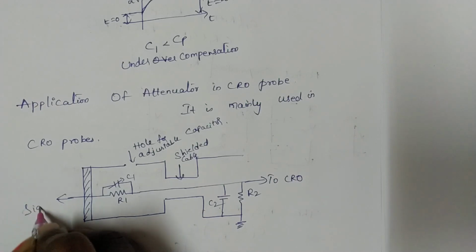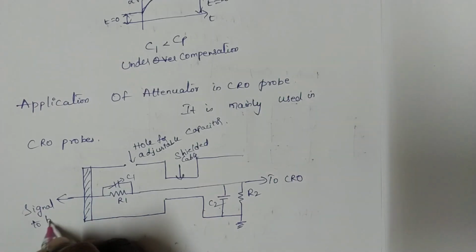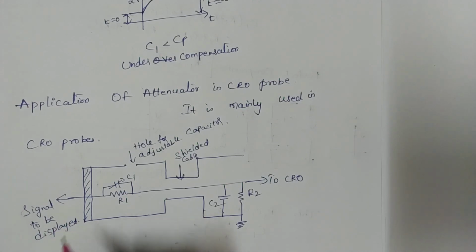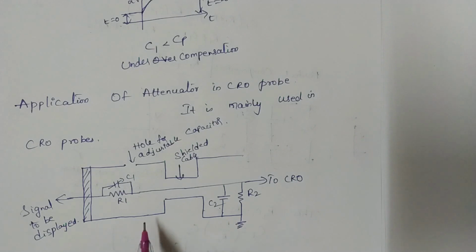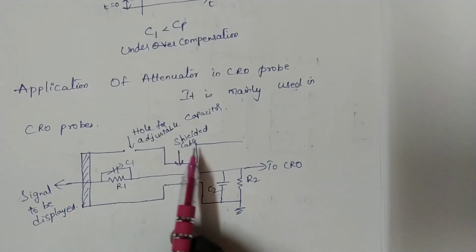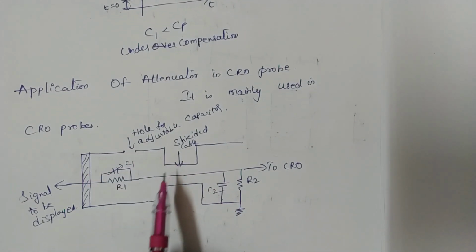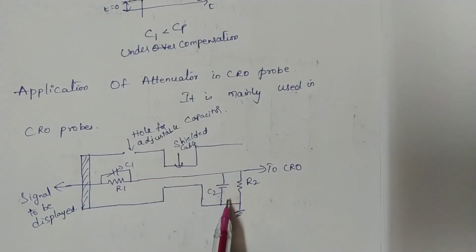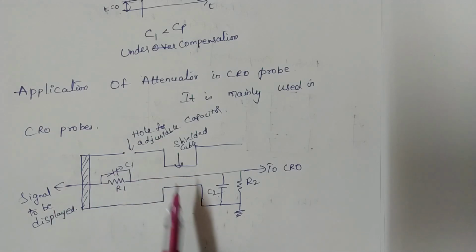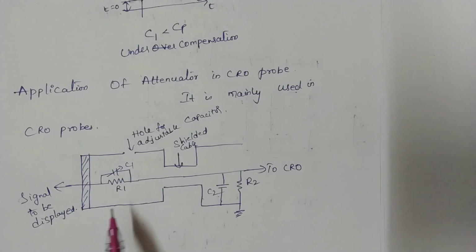You all understand what we are saying: the main application of this attenuator is in the CRO probe. Inside the CRO probe there is an attenuator circuit which is used to reduce the level of the signal and make it displayable on the CRO screen. This shielded cable is used to connect the signal to the oscilloscope.